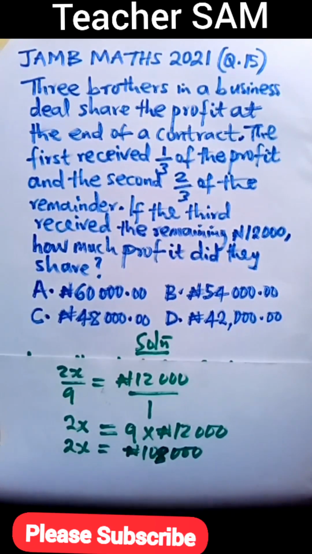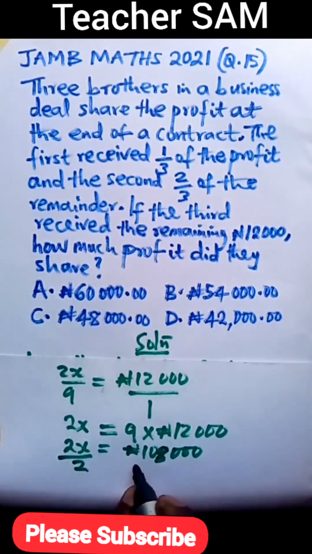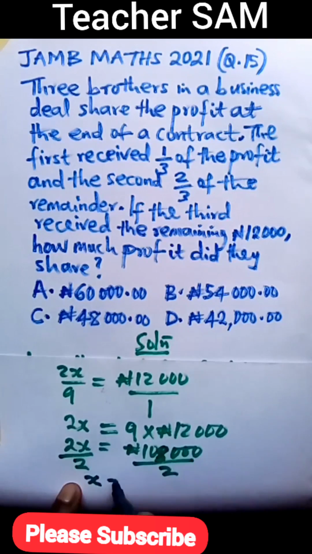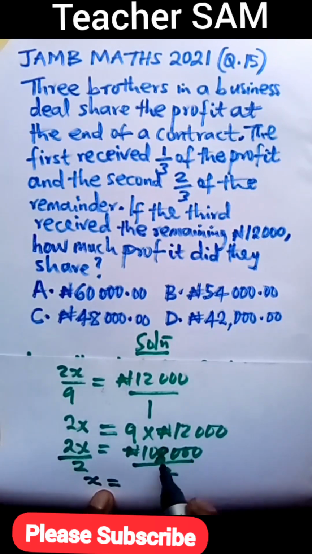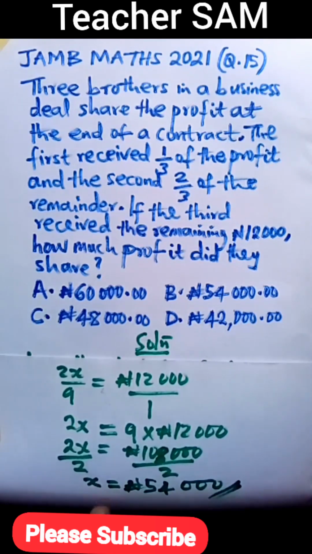Dividing both sides by 2, our X is equal to 54,000, which is the answer.